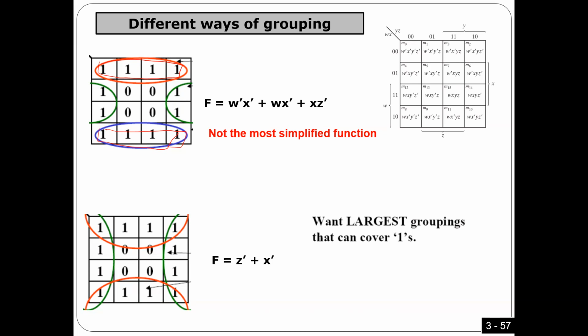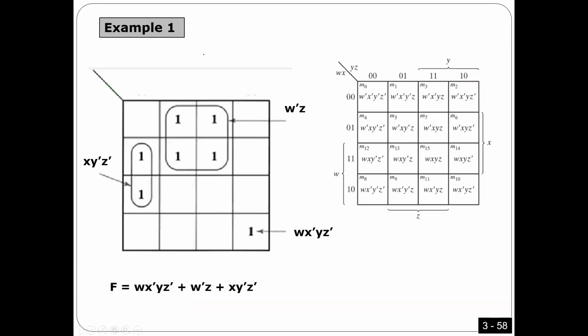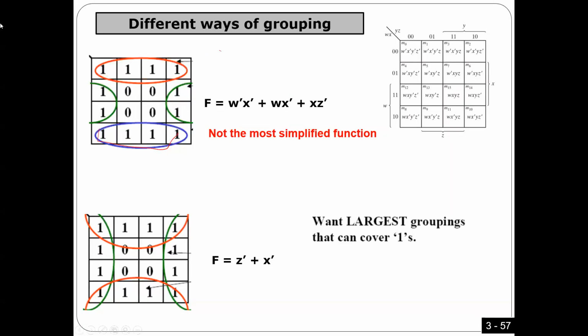So instead of creating 4 and 4, what I can do here is take, let me have a different color here, this 4 here, this way, and this 4 this way, making only one group.